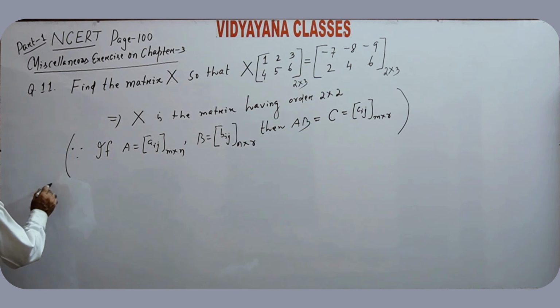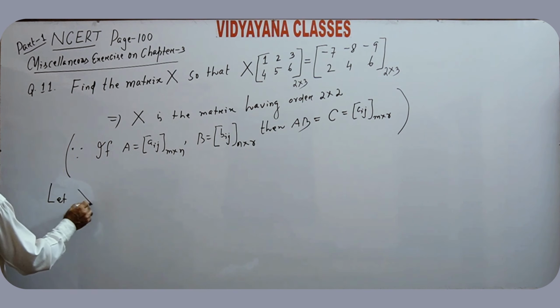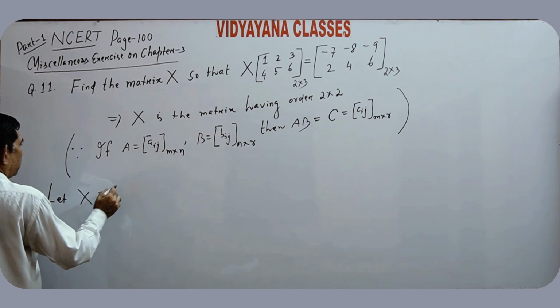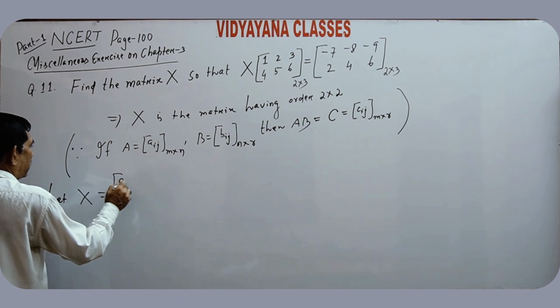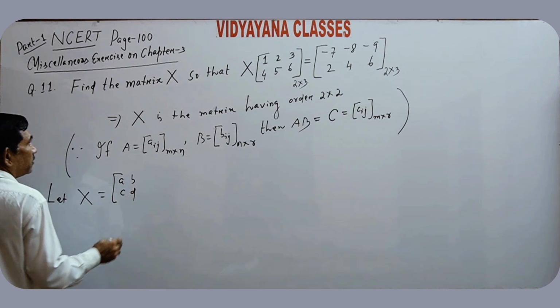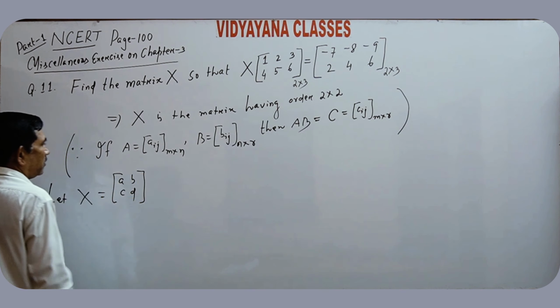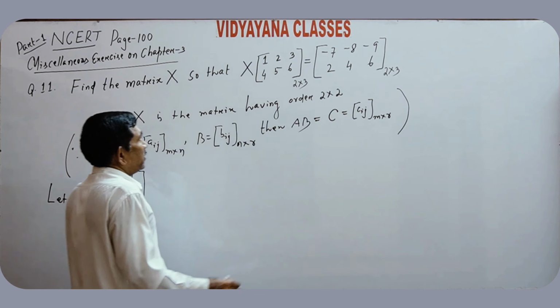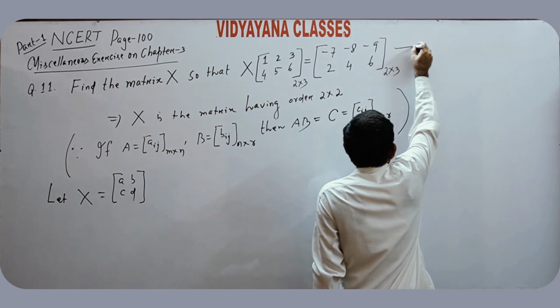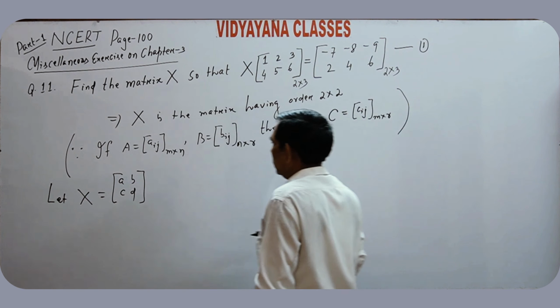Let capital X be the matrix having elements A, B, C, D. This is equation 1.